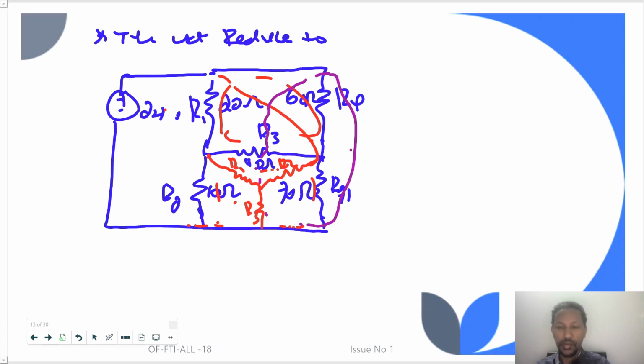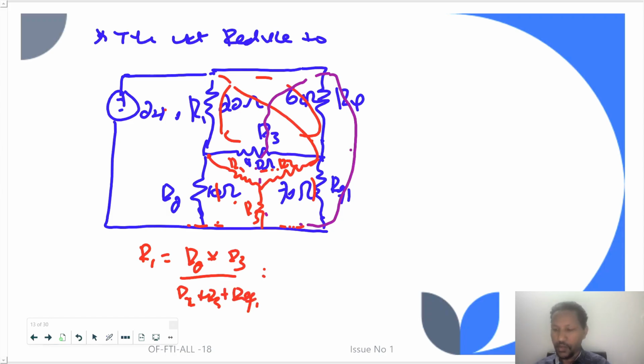For conversion of the Delta network into the Wye network, we have RY1 equals R2 times R3 over R1 plus R2 plus R3, where R1 here is R equivalent 1.